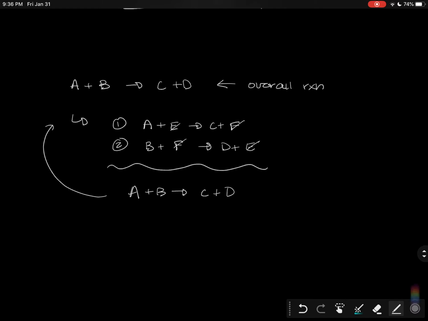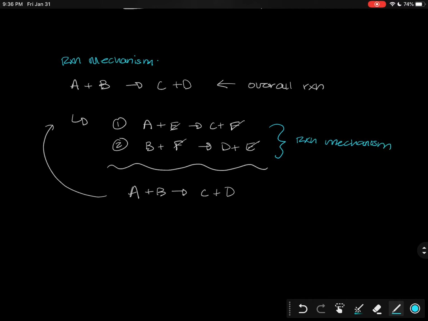So this overall thing here is called the reaction mechanism. So our reaction mechanism is going to be the steps that make up the overall reaction. That's going to be these two steps make up the reaction mechanism.